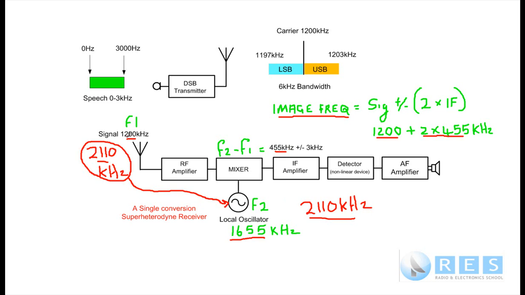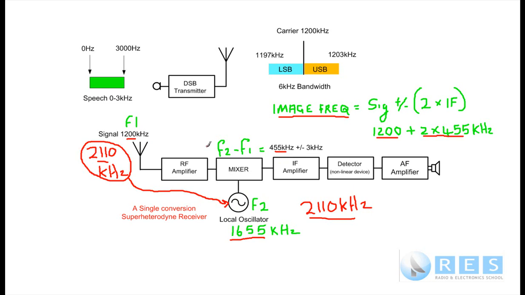We want to convert 1200 to 455, and it does that nicely. The difference between 1200 and 1655 is 455. That's what we want. Unfortunately, if there is someone transmitting nearby on 2110 kilohertz, it will also mix with the local oscillator to produce 455 kilohertz, and that will interfere with our station on 1200 kilohertz.